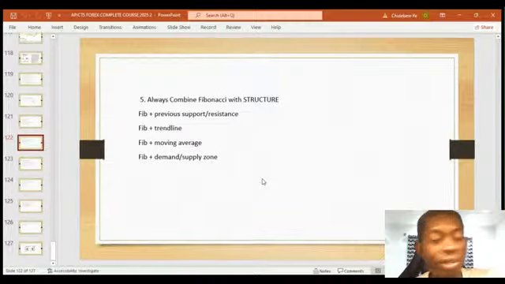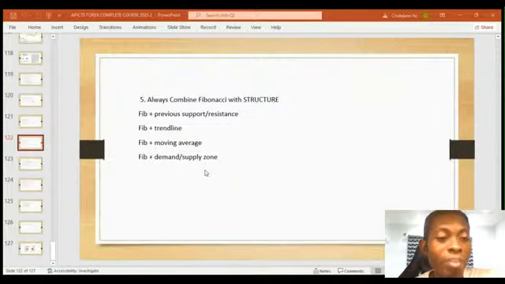Always combine Fibonacci with structure. Look at what is on my screen. What's on my screen now is combining Fibonacci with previous support and resistance. Combining Fibonacci with previous demand and supply.